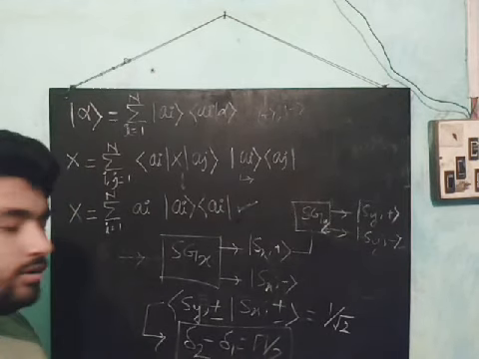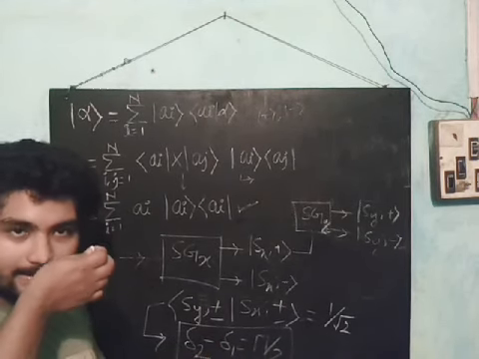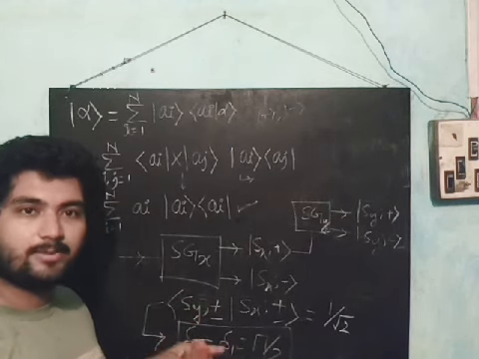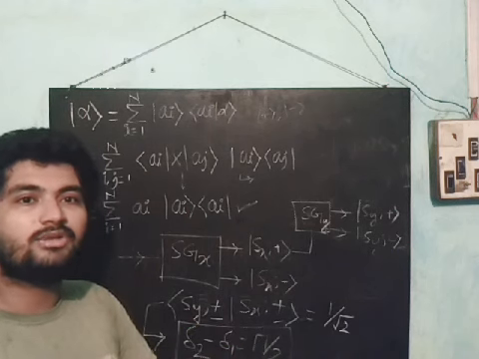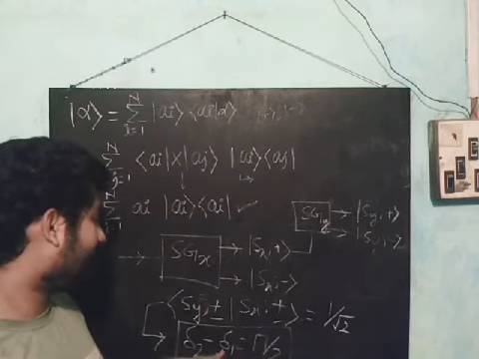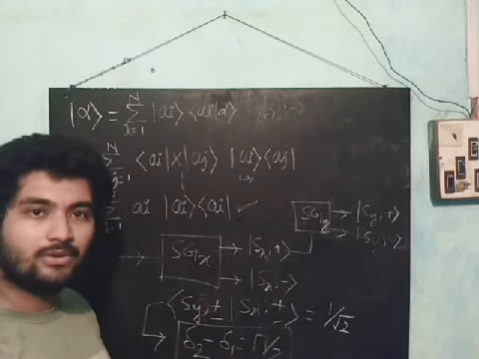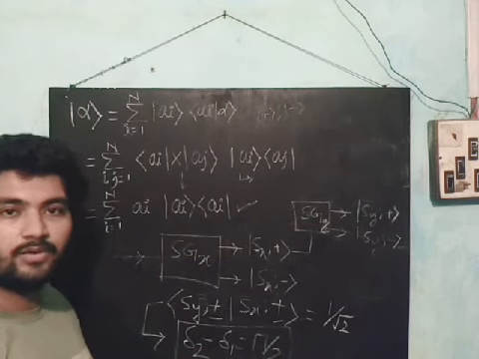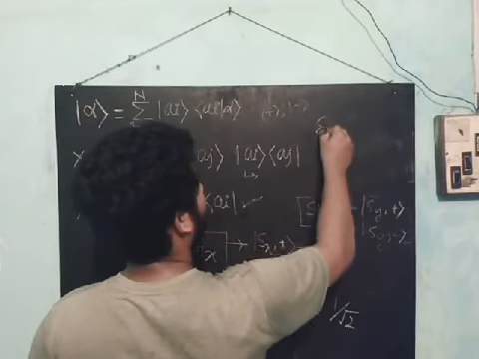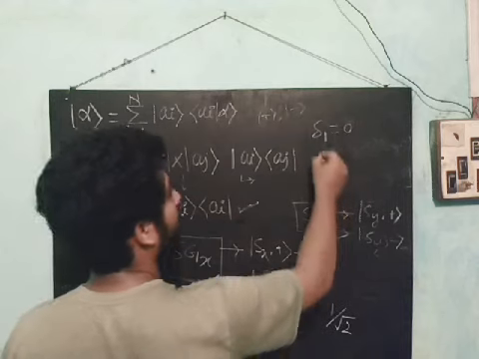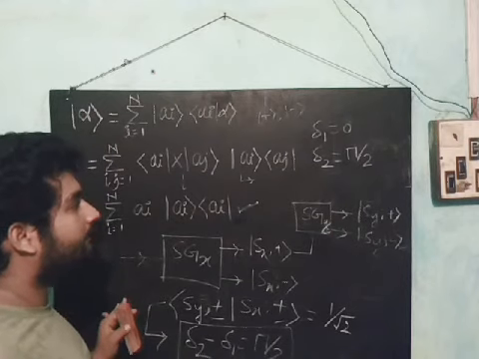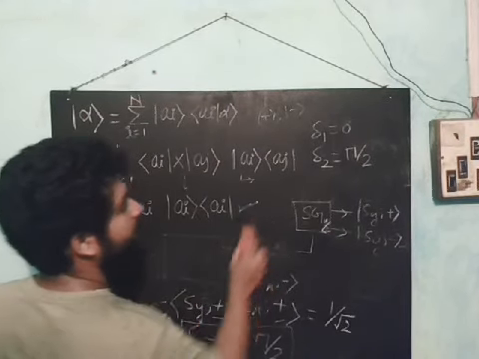I told you that these numbers are arbitrary, but we have to maintain the relations between these arbitrary numbers. So if I take the value of delta 1 as 0, delta 2 will be pi by 2. Then there will be no harm.